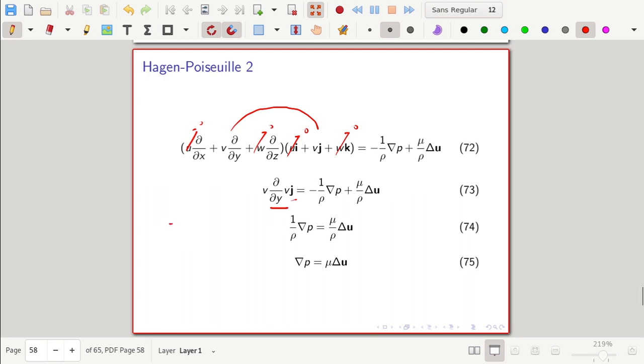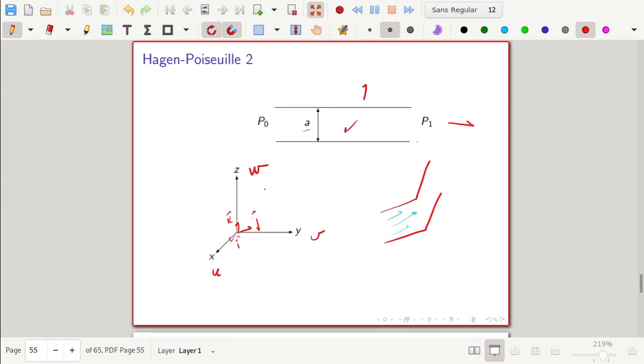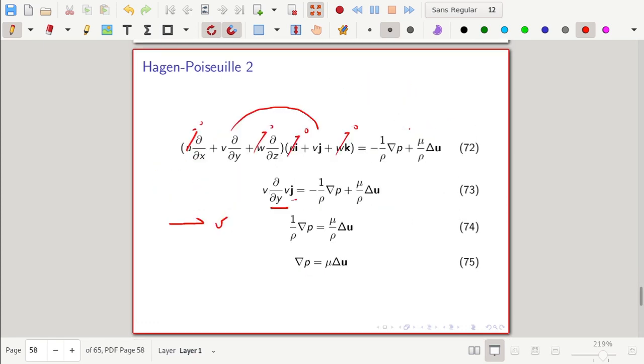What happens here is that this component, even though we have a velocity field in the v direction, does not vary with y. So remember, if you go here, we have a velocity in this direction, but at each point here, if you go in the y direction, remember this is the y direction, the velocity is constant. Because the fluid is incompressible, the velocity does not vary in the direction y.